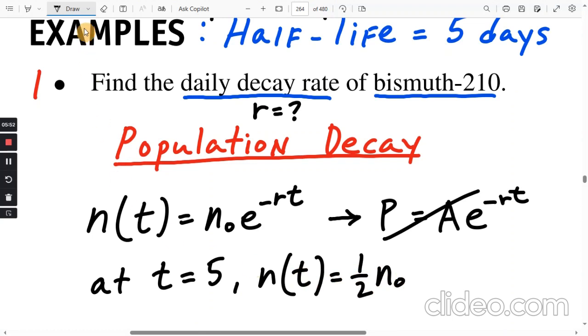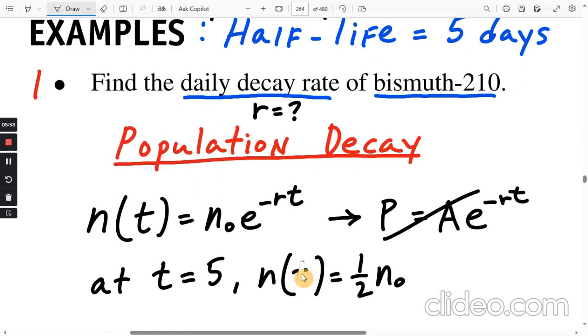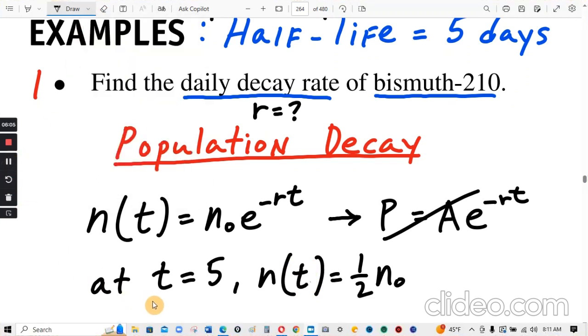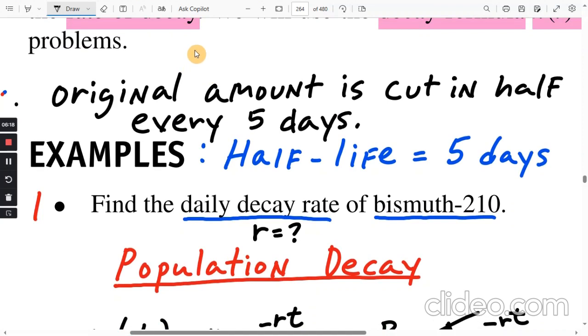Remember, the original amount is N sub 0.